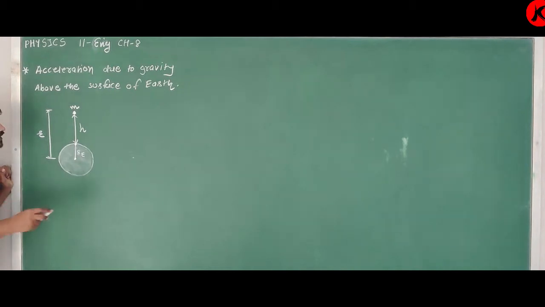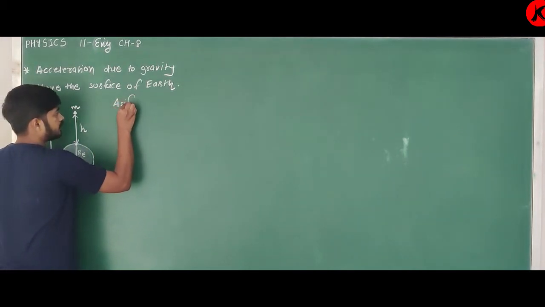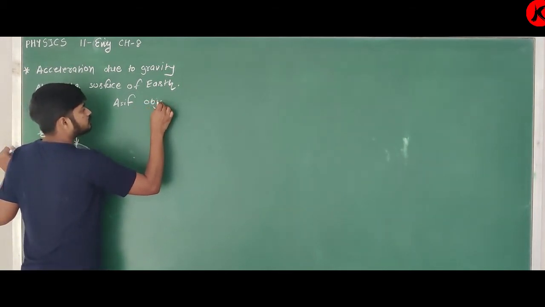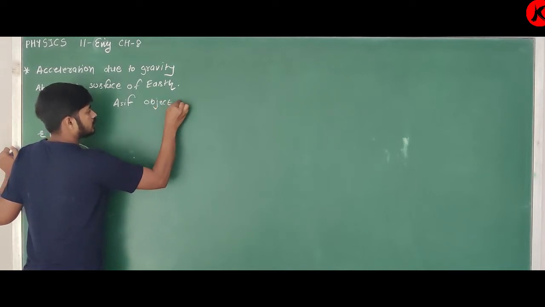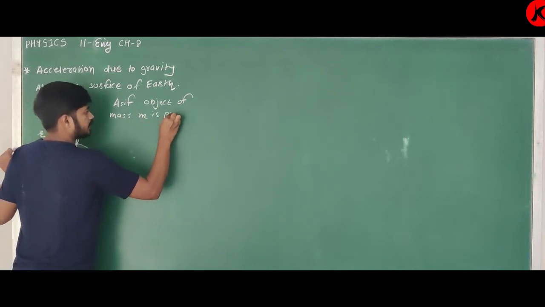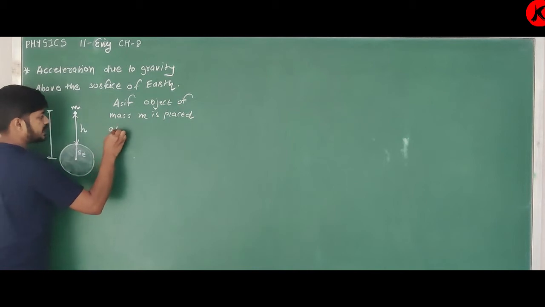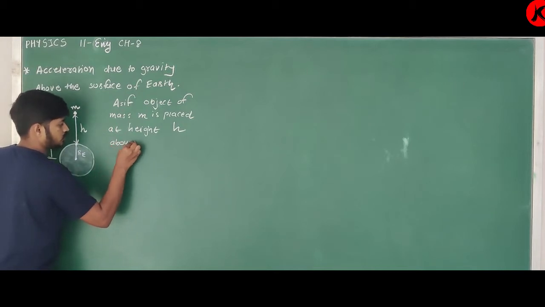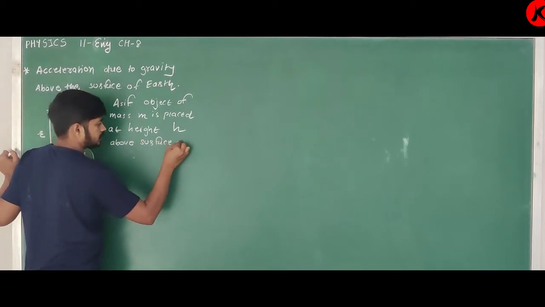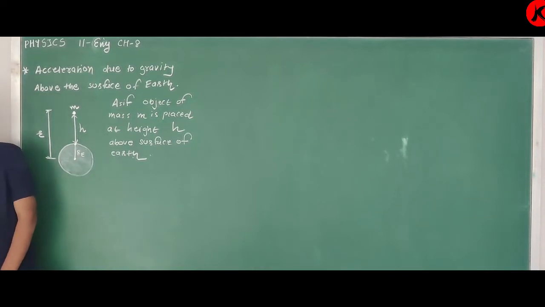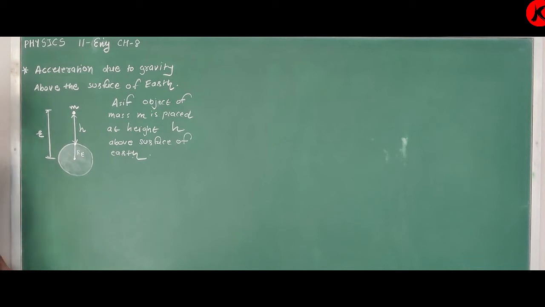As shown in the figure, an object of mass m is placed at height h above the surface of Earth.